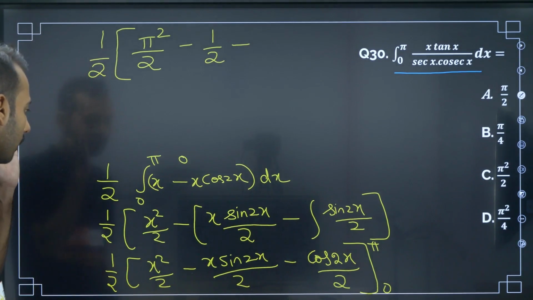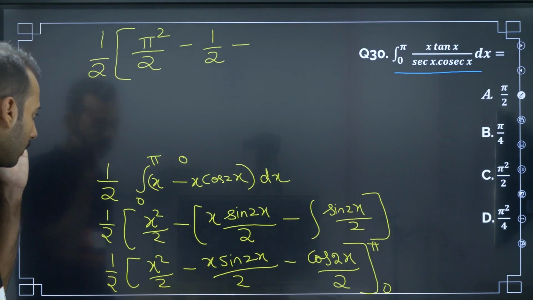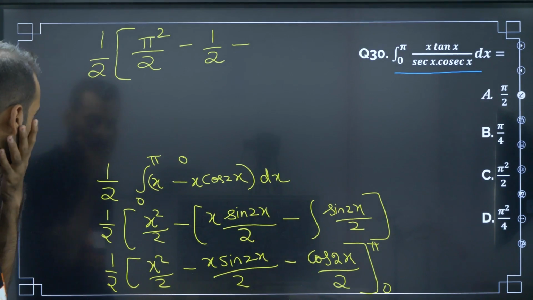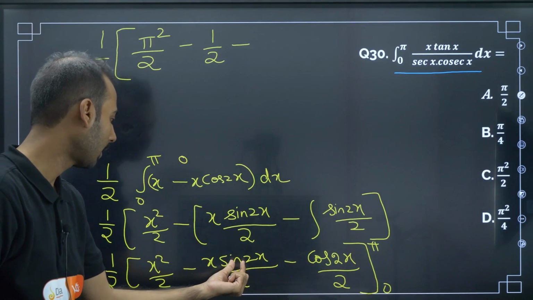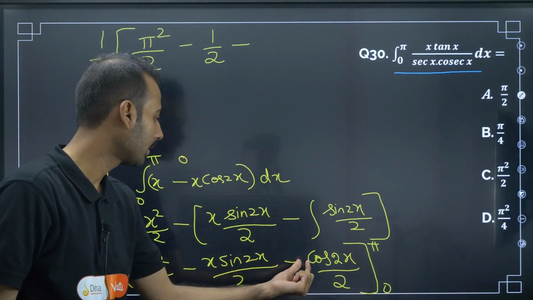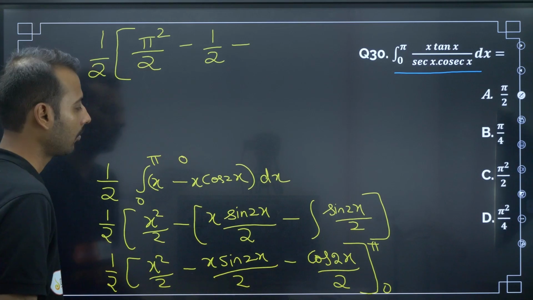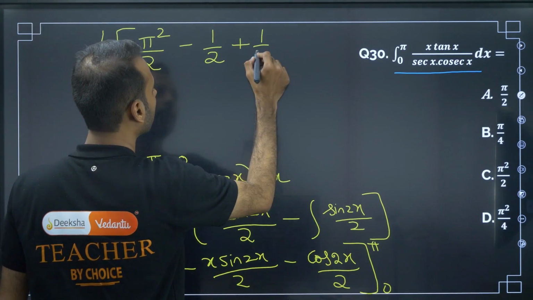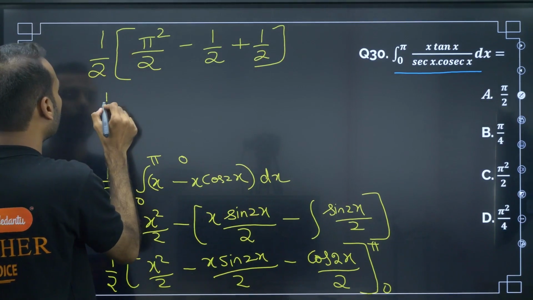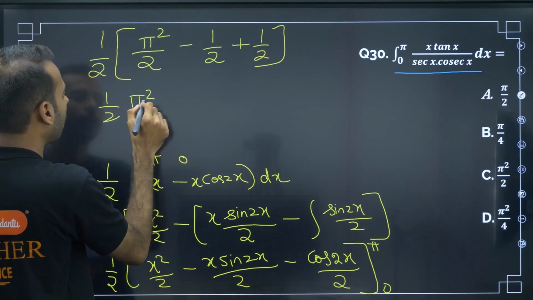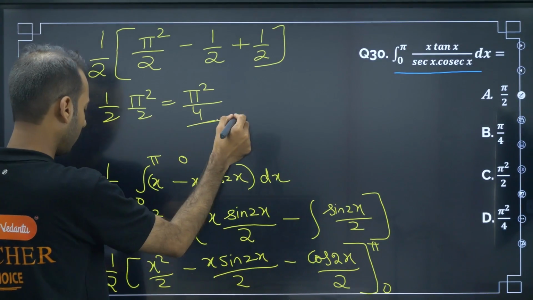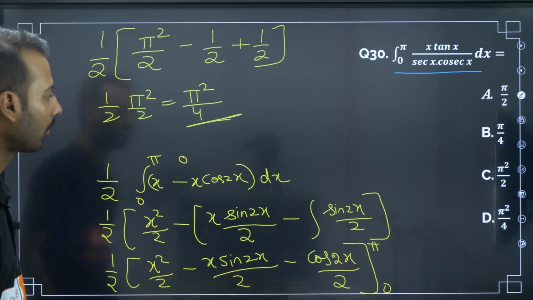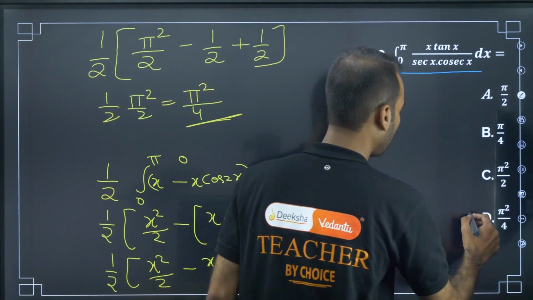So minus, if I substitute lower limit here this is anyways 0 minus, again if I place 0, minus this becomes plus 1 by 2, so 1 by 2 pi square by 2, which is equal to pi square by 4. Is there any option like this, pi square by 4? Yes, D is the answer.